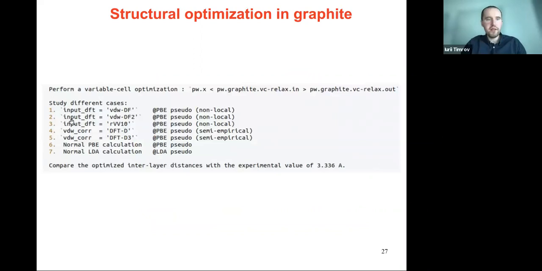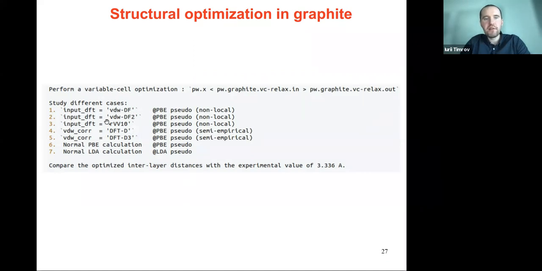Okay, so I think I already explained the difference between input DFT and van der Waals correction. In the first one, input DFT, you're really changing the functional, because input DFT controls the functional. We use this input DFT parameter also to specify hybrid functional. You remember we said input DFT equals PB0.